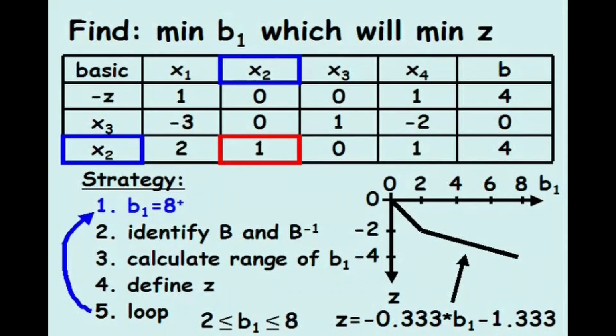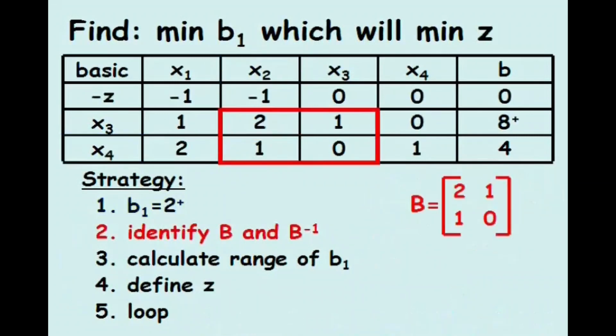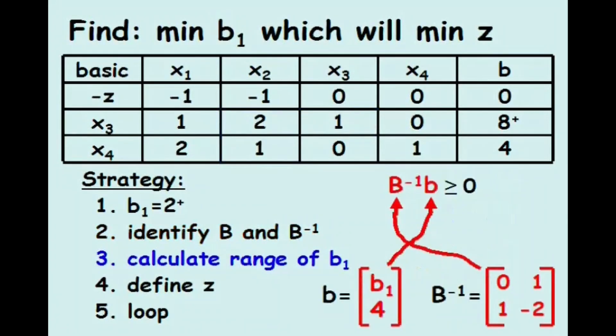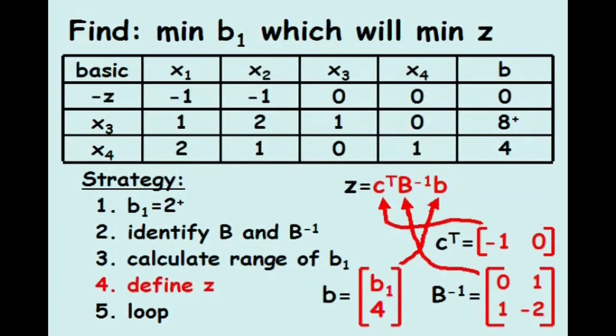Variables x2 and x3 are basic, and that makes the b vector equal to 2, 1, 1, 0, and matrix B inverse equal to 0, 1, 1, negative 2. This time, the range for b1 is all values at least 8. Solving for z, we learn z equals negative 4.